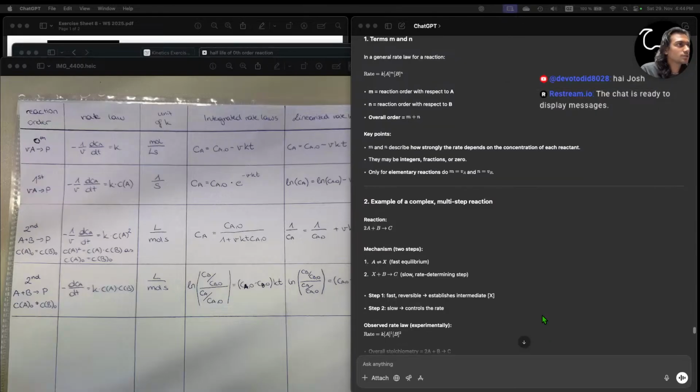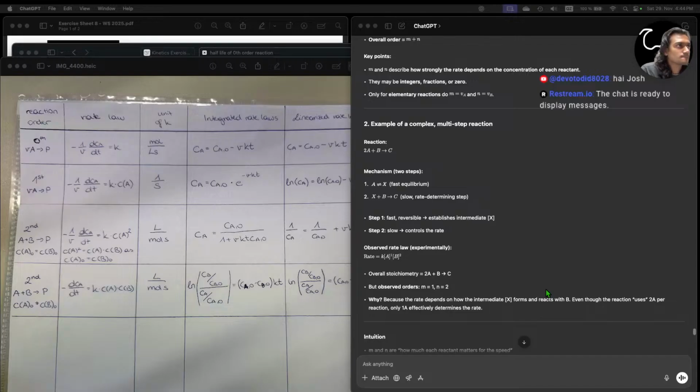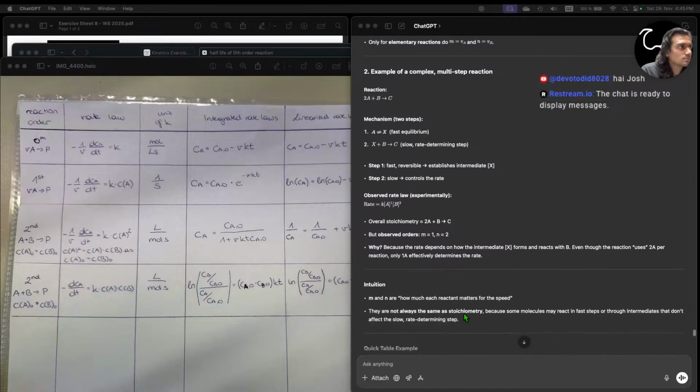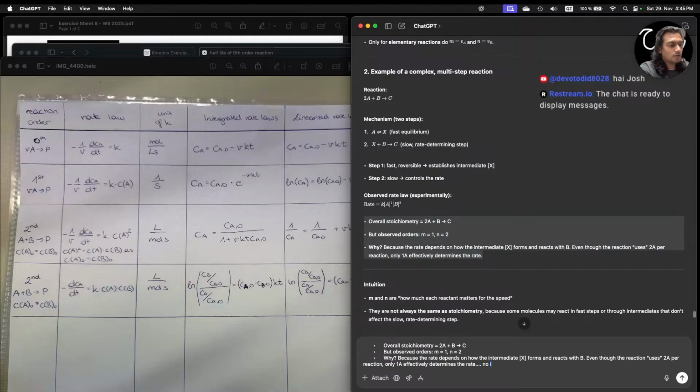Example of a complex multiple step reaction. No, I didn't get why you chose the m and n values.